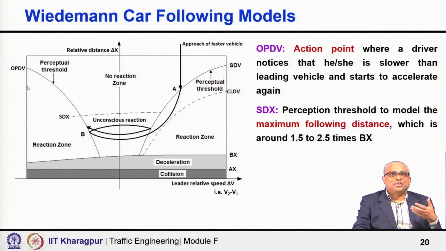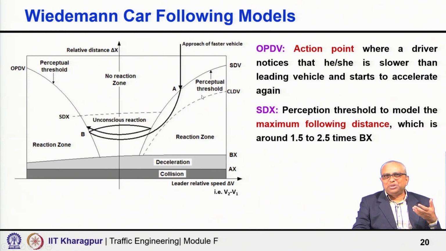Now, this threshold OPDV, on the other side, is the action point where a driver notices that she is slower than the leading vehicle and starts to accelerate again.